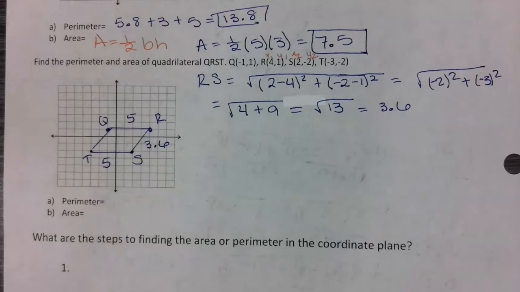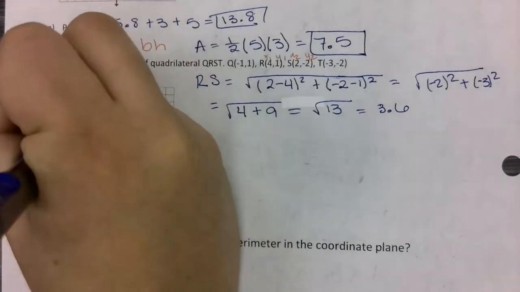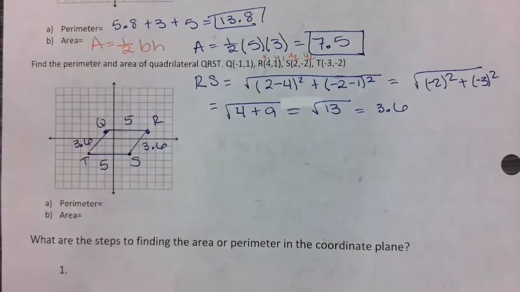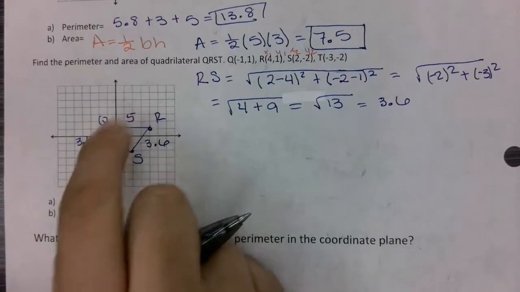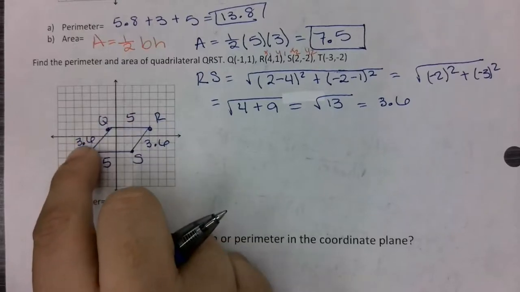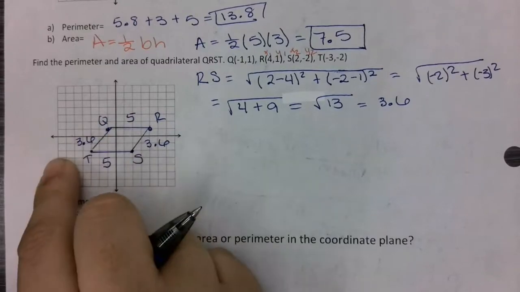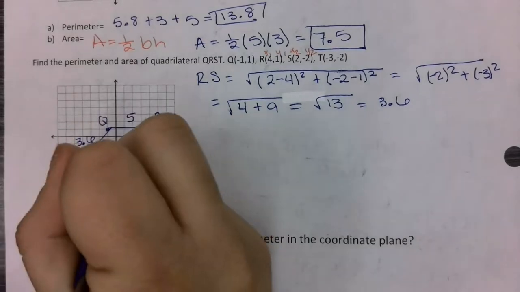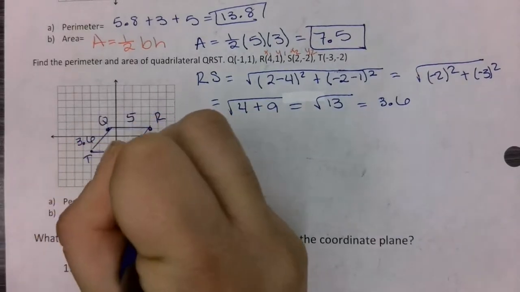It's a parallelogram, and yesterday we said in parallelograms, opposite sides are congruent. So I don't have to solve for QT. Once I find RS, I know it's 3.6.